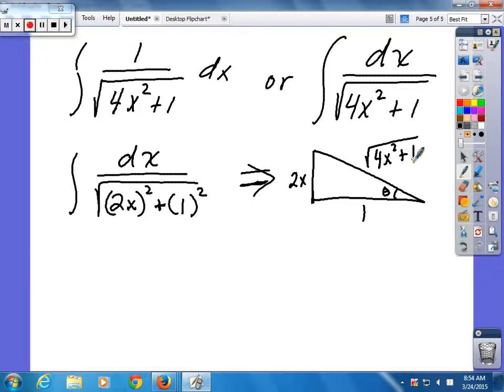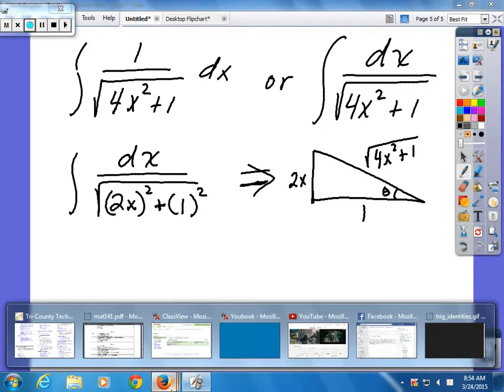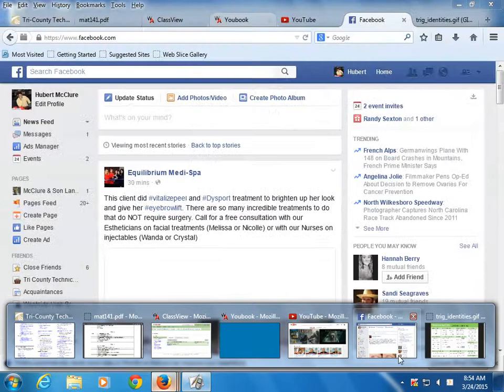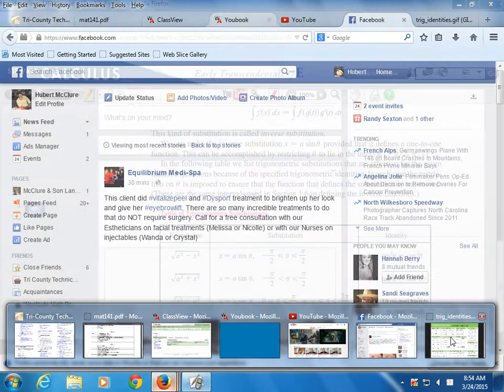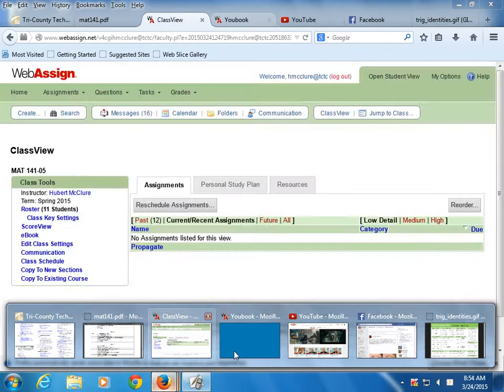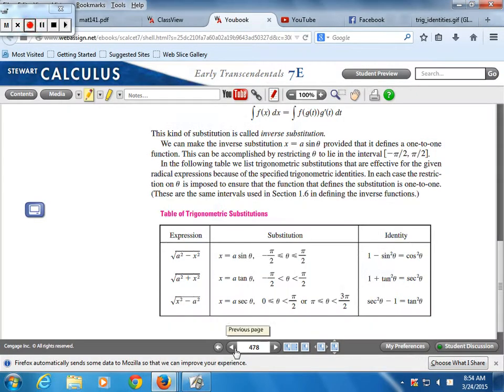Look at the box that I just showed you. So I told you to write it down. Where is it at, buddy? Can't even find it. What does it say right here? It says x is equal to a tan of theta, Hubert. Thank you, class. So what's the tangent of theta equal to?